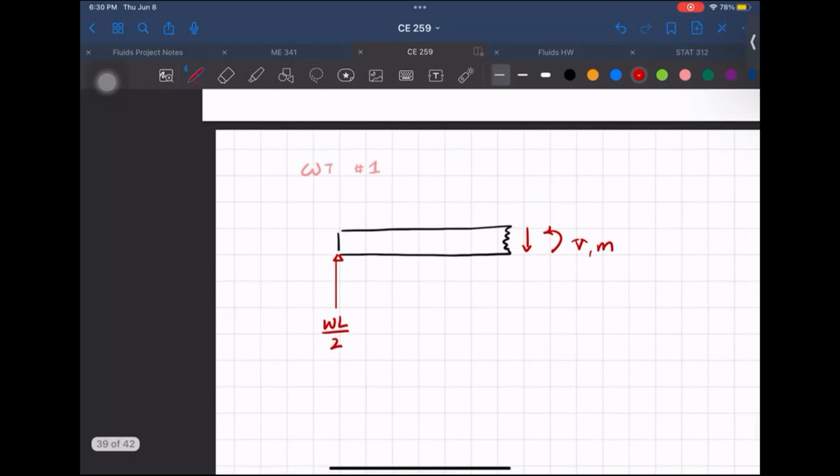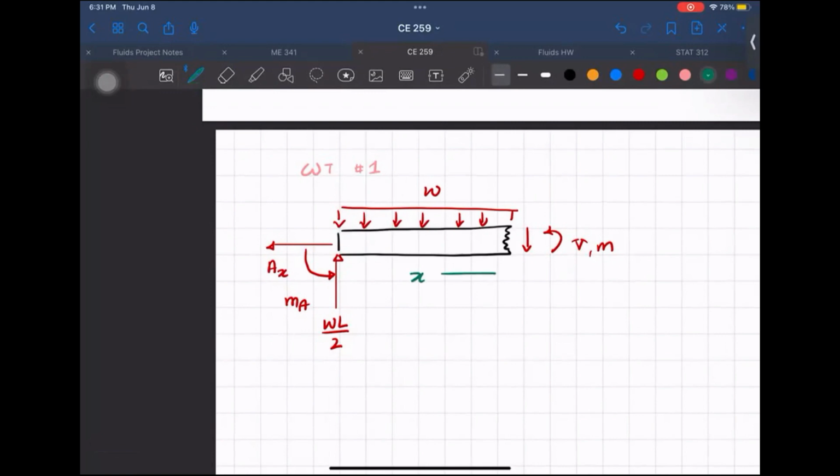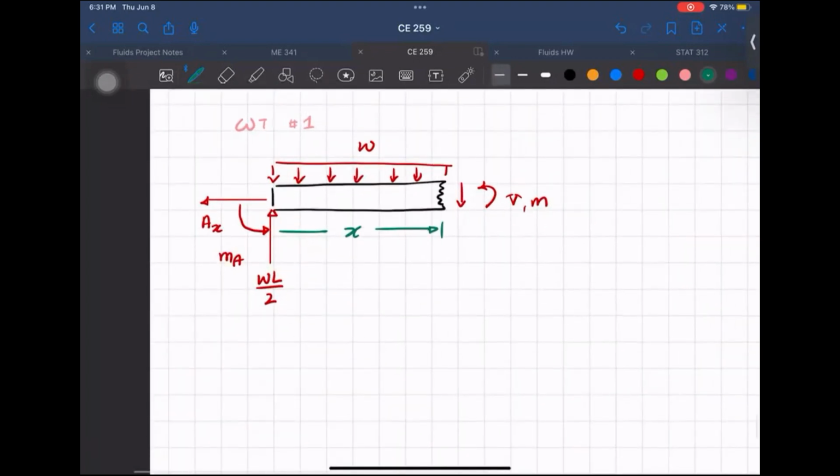Technically we also have AX, and we also have an MA. And then we have the distributed load right here at the top, with magnitude W. And the cut that we're making is at some arbitrary distance, so we could just label that x.